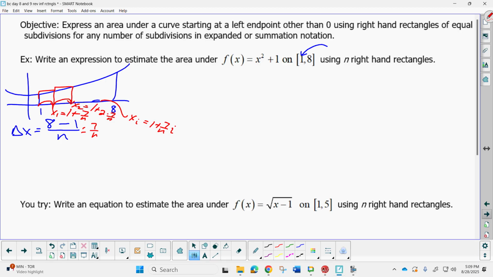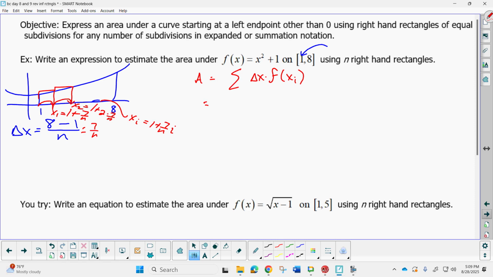So in my summation notation, my area is delta x, 7 over n, and now the x sub i. I'm going to keep writing universal here just to get it in your head. Delta x for the base times x at different points for the heights.